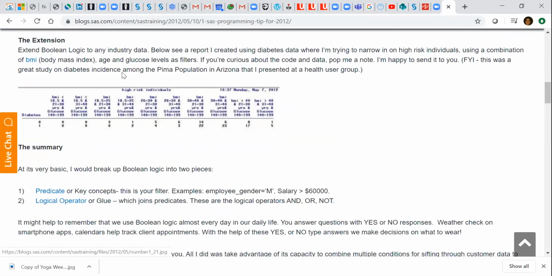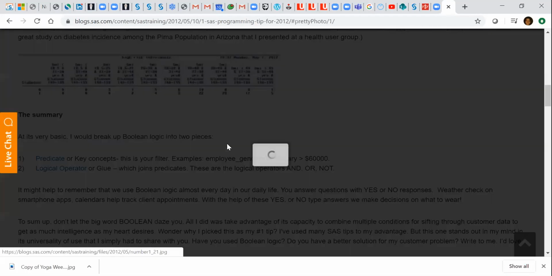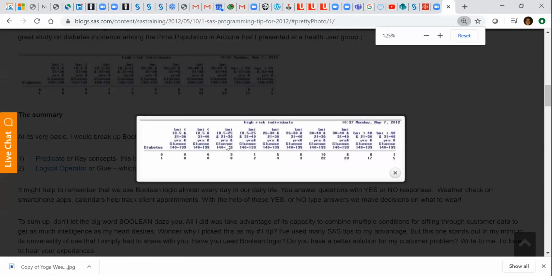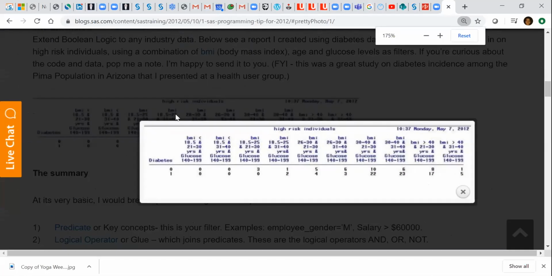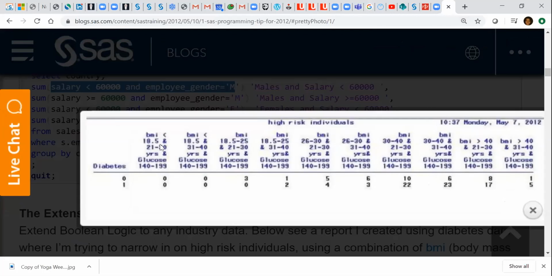And especially for those of you who work in health, we did some analysis, and this is a 2013 Global Forum paper of mine with Andy Kuligovsky. Some of you may be familiar. So this is people who had diabetes and who did not have diabetes. That's my grouping. And the columns themselves, each of them is deriving a Boolean by adding an expression. Sum up those individuals, and the data was Pima Indians in Arizona, highest level of diabetes in the world, but they had 0 count at one point, and we were trying to explore why.